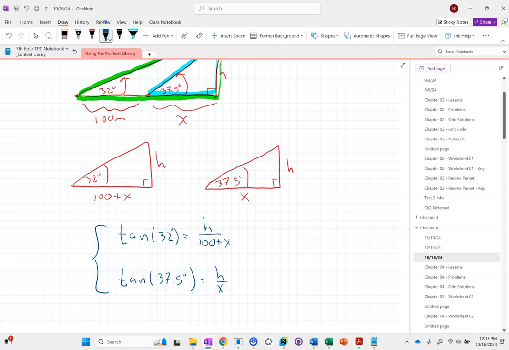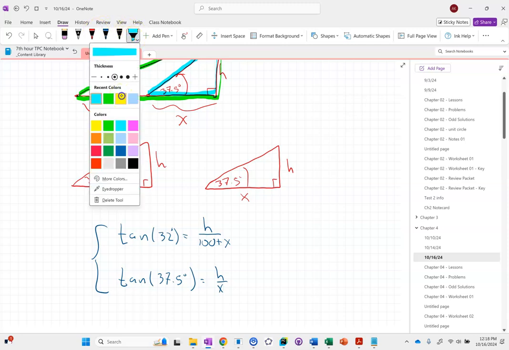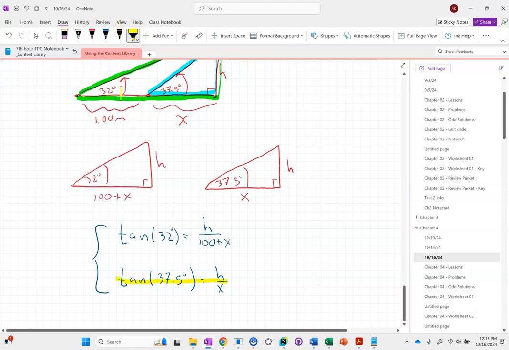To solve a system of two equations algebraically, I can do substitution or elimination, right? Does that sound like words you remember hearing? Let's use substitution here. So what I'm going to do is get the x by itself in equation 2 and then substitute it in for the x in equation 1.